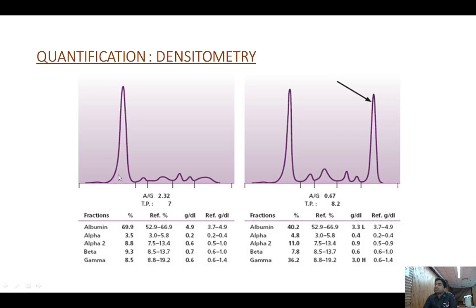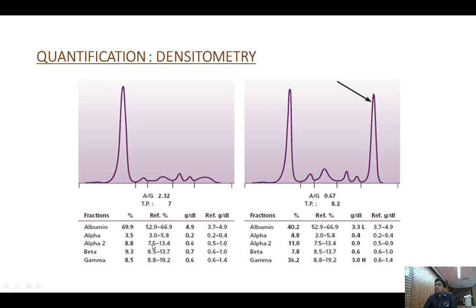The albumin band was the most dense, so this is the tallest spike, and then it will calculate the area under the curve for each partition of the protein and give you the value. We already know the normal value, and whatever percentage it gives, if it is more or less, depending on that we can see whether it is normal or not. So this is albumin, alpha 1, alpha 2, beta 1, beta 2, and gamma.